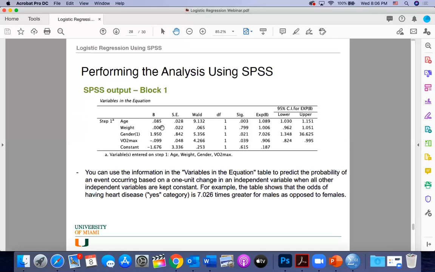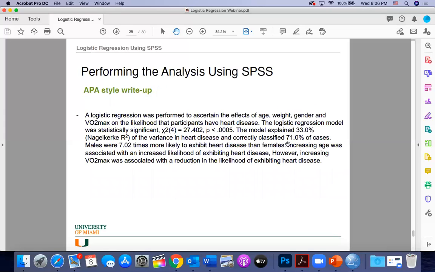This applied for weight and not for VO2 max because it was negatively related. So we can say that increasing age was associated with an increased likelihood of exhibiting heart disease, and that it was significant, giving the Wald statistic with its degrees of freedom, which will always be 1.